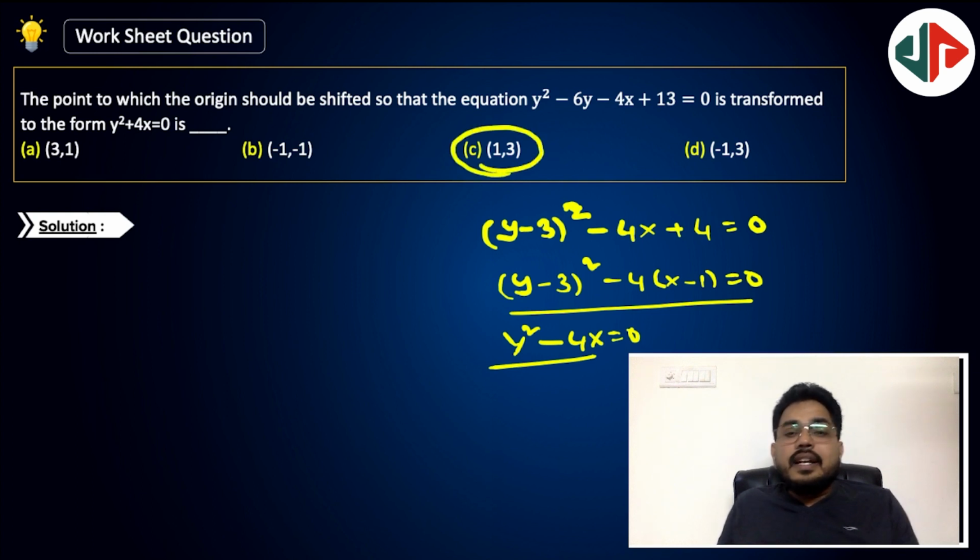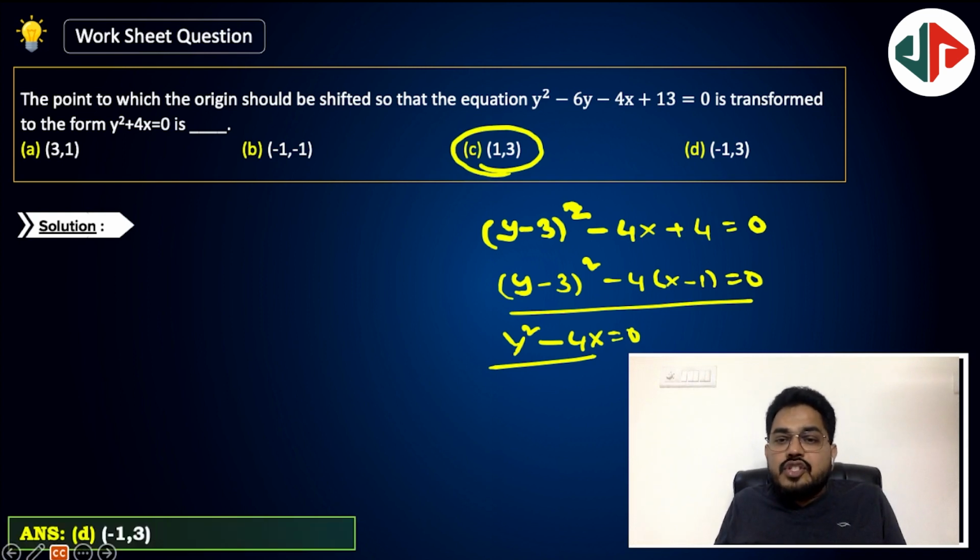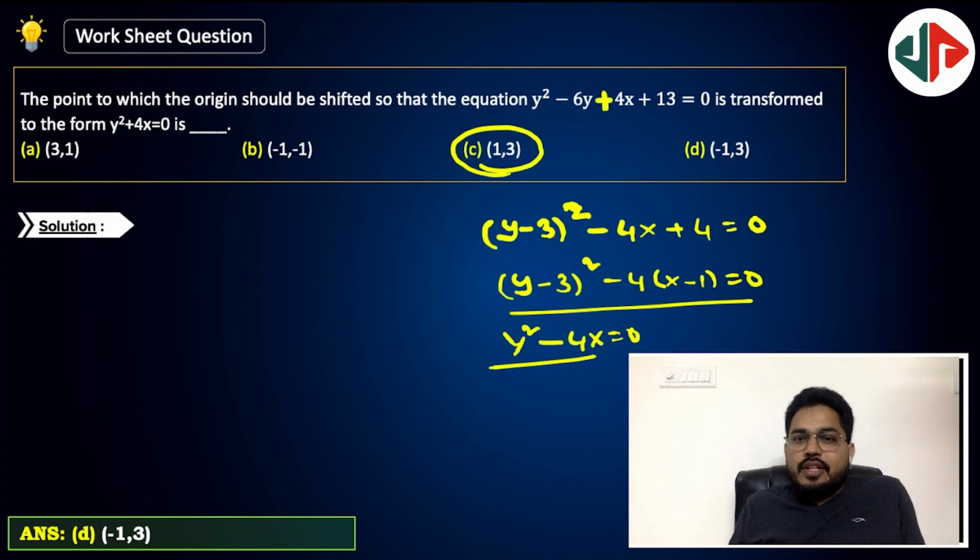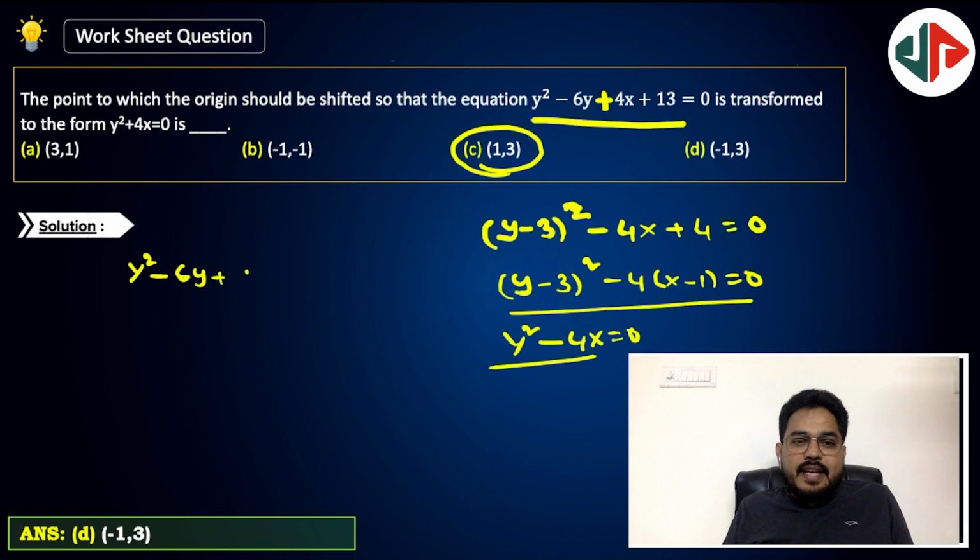So what is the small change I will suggest here? I think this must be a plus sign. So I will redo this one. Y square minus 6y plus 9 plus 4x plus 4 is equal to 0.